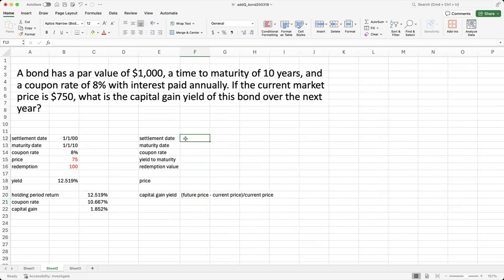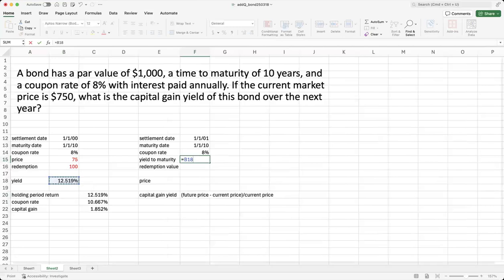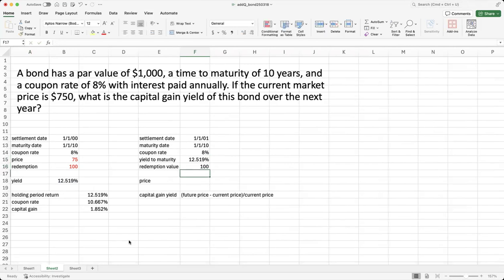In 1 year's time, the settlement date of the bond becomes a year later, so that's 2001. And the maturity date stays the same. Coupon rate still 8%. Yield to maturity did not change, still 12.519%. Redemption value, still 100.